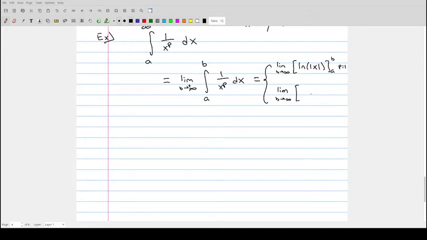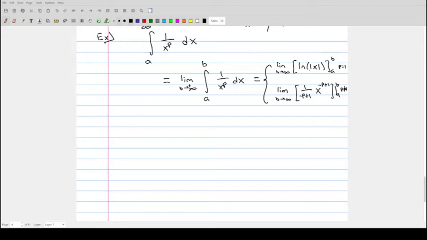And when p is not equal to 1, this is just going to be equal to 1 over negative p plus 1 times x to the negative p plus 1 from a to b. This is when p is any number not equal to 1.